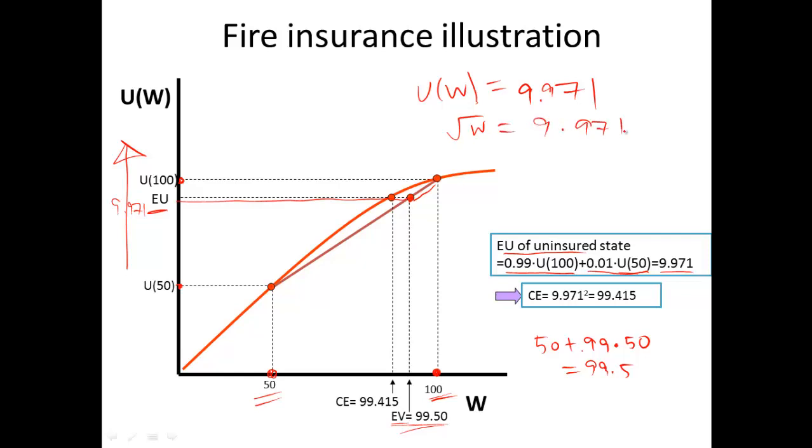If I square both sides, I end up with W equals 9.971 squared, which is right down here, 99.415. All right, so that's a number that has some meaning for us. That's the amount of wealth with certainty that would leave me as happy as facing the risk. And indeed, it's right here. So we take this how-happy level over to the curve and then drop straight down, and there it is.